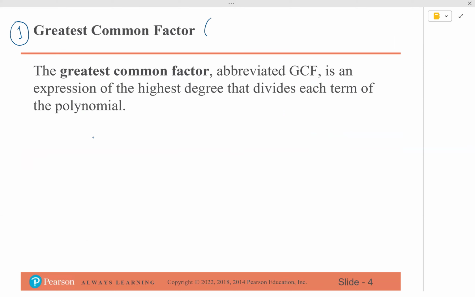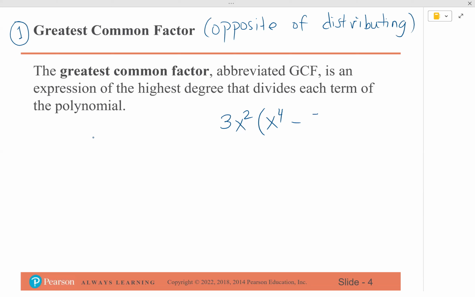This kind of helps me think of it: it's the opposite of distributing. Why are math terms always so long? I think in one of the examples in the previous section, you had a monomial multiplied by a polynomial. I'm just making this up, this isn't the exact problem.